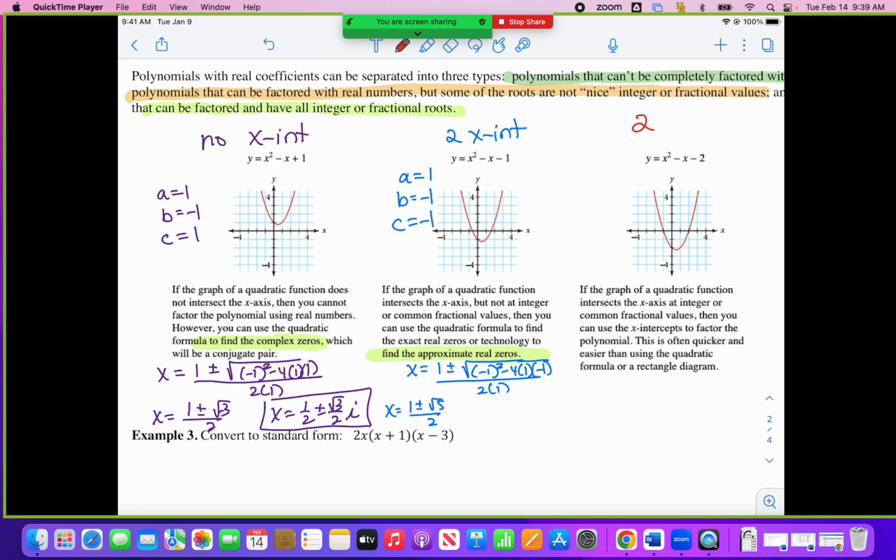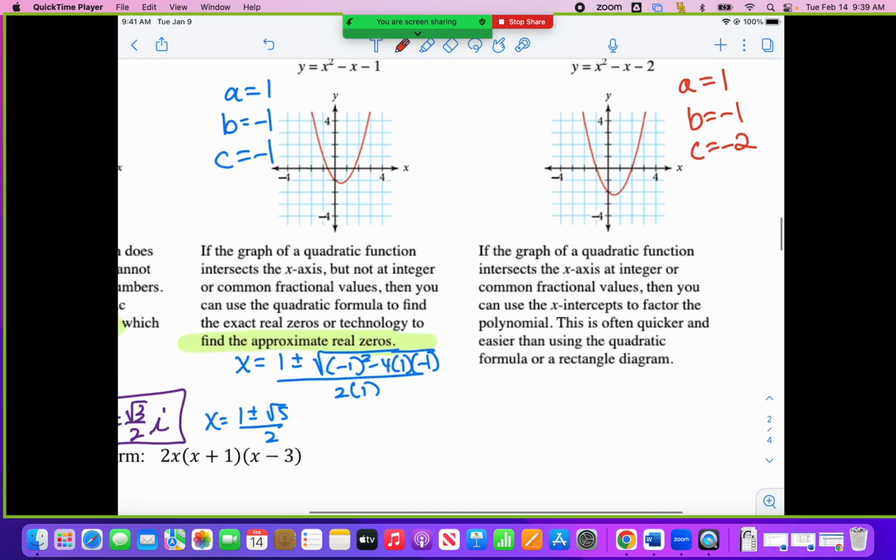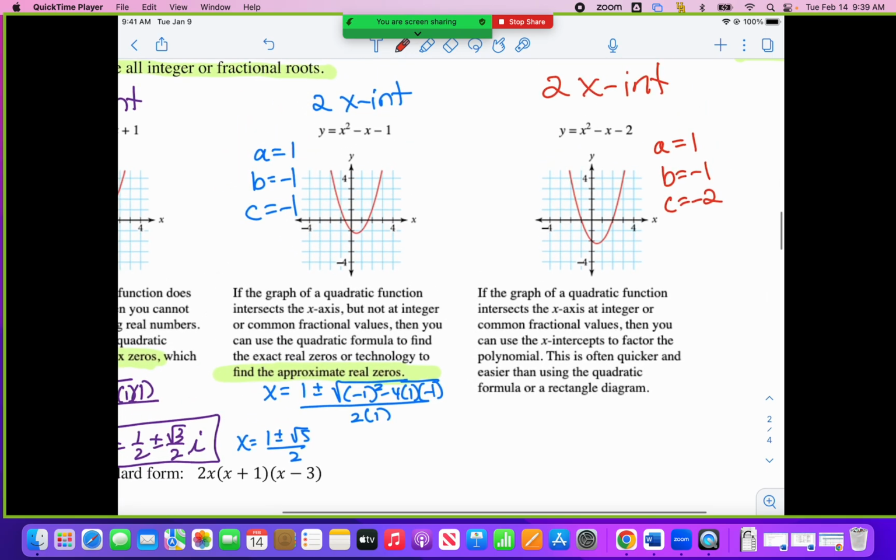I have 2 x-intercepts, but it looks like they're crossing neatly on integers. So let's take a look. A is 1, b is negative 1, and c is negative 2. So I get x equals negative b plus or minus the square root of b squared minus 4ac, all over 2a.